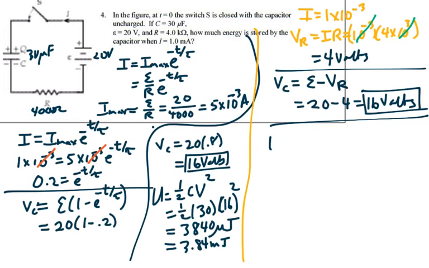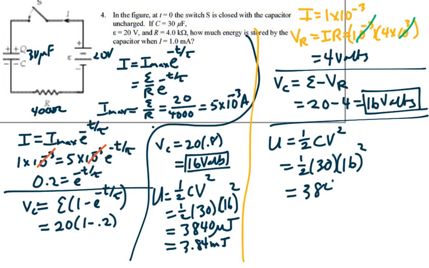And hence the energy stored in the capacitor again would be 1/2 CV squared, 1/2 times 30 microfarads times 16 volts squared, 3,840 microjoules, or 3.84 millijoules. So that would be an alternate way to solve this problem. Energy stored in the capacitor, 3.84 millijoules, when the current is 1 milliamp.